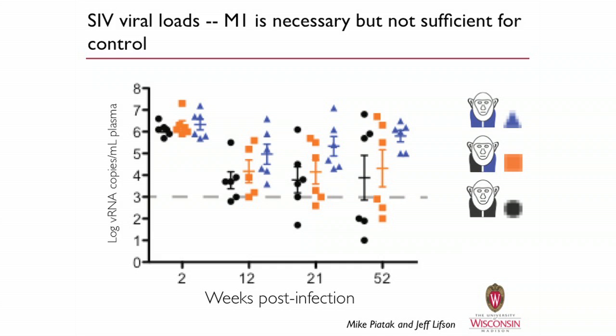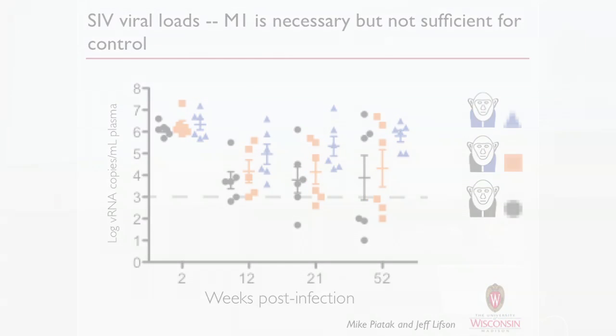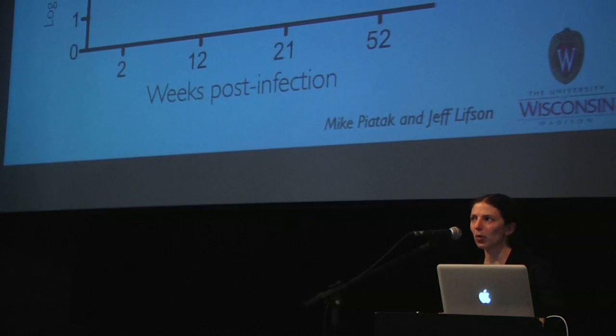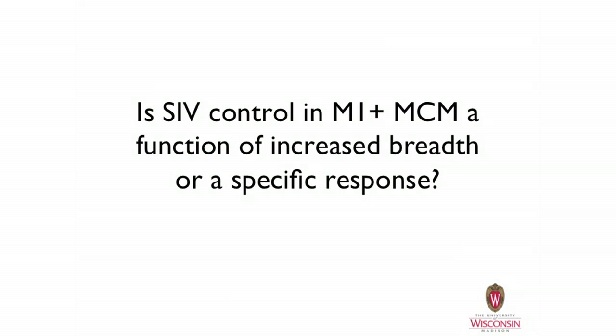But if you look at the mean across the entire group, it appears as though the M1 containing animals, whether they're M1 homozygotes or M1 heterozygotes, tend to have lower viral loads than the M3 homozygotes. So again, we wanted to ask this question: is SIV control in the M1 containing animals a function of increased breadth of CD8 T cell responses or a specific response that these animals are making?